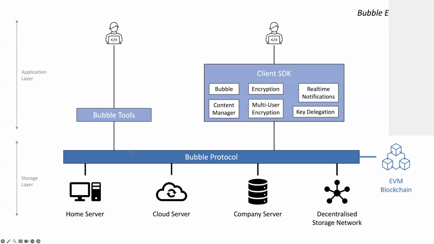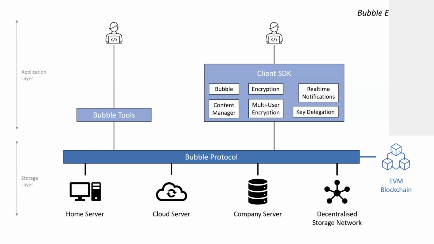And so in the ecosystem, in terms of the tools that we've developed, we have Bubble tools there on the left. That's the command line interface. That's really useful for developers to play around with the protocol and maybe to do some maintenance or management of existing bubbles and data. Then we have the SDK on the right.